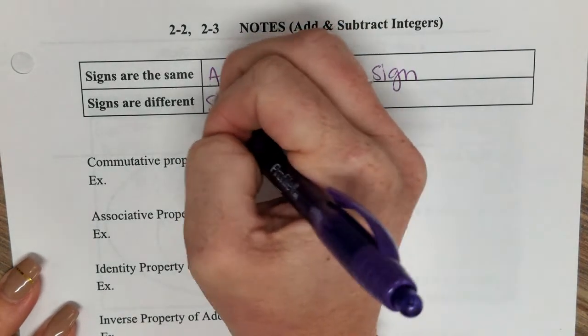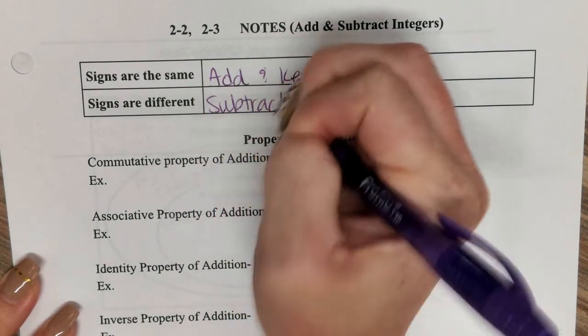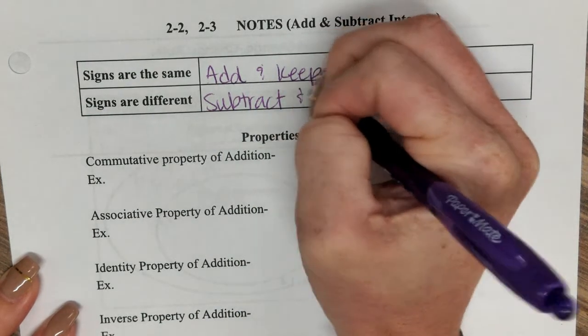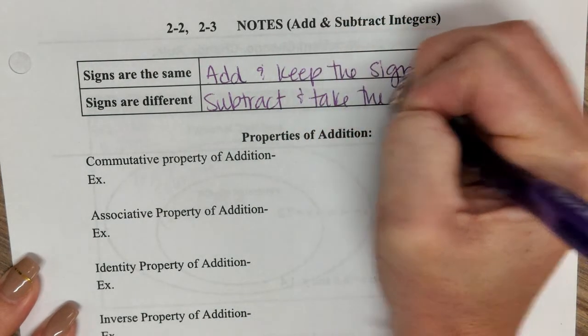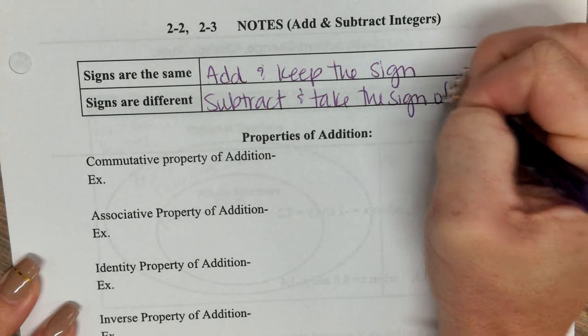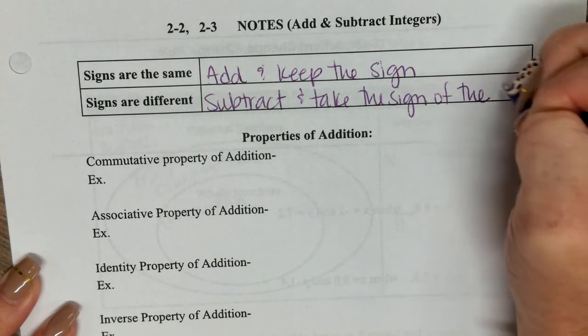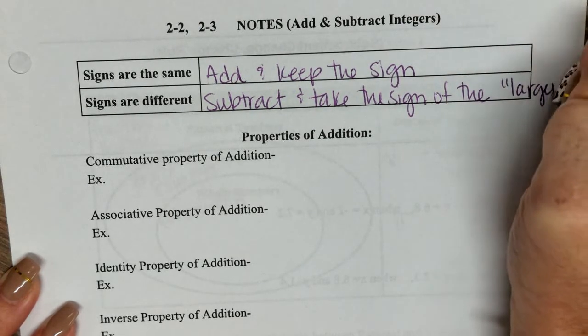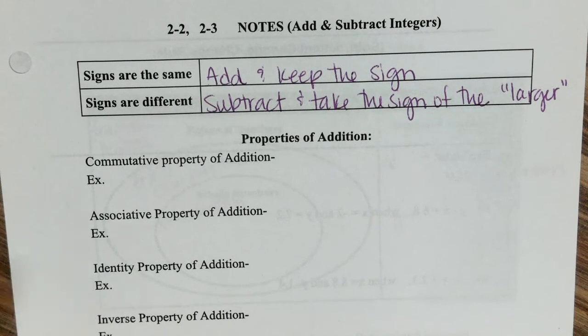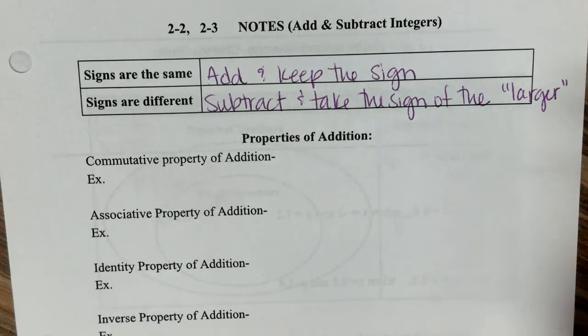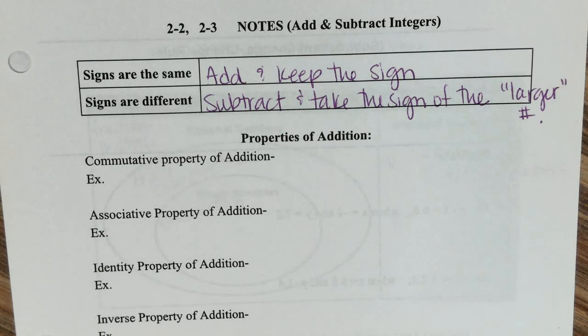You subtract and take the sign of the larger number, and I'm going to put larger in parentheses, but technically it's not always larger. It's kind of more heavily weighted. Now, again, your calculator will do all of this for you, but you should know this, yes?